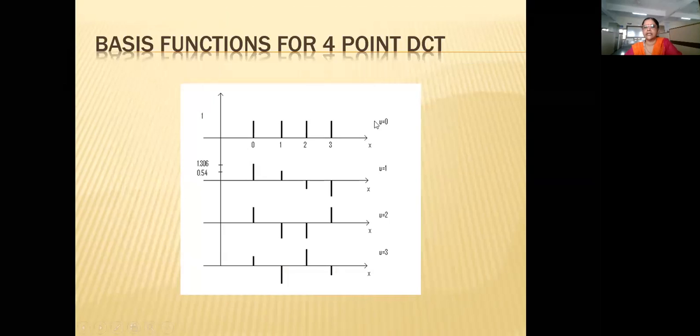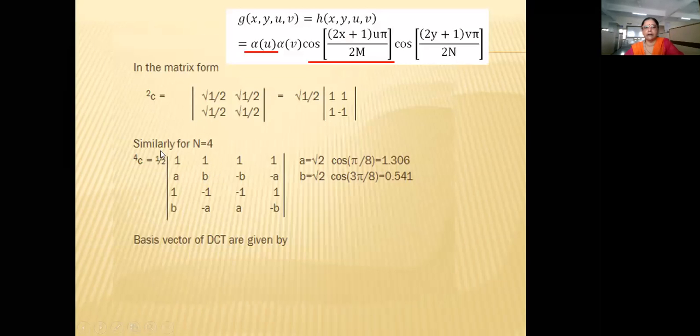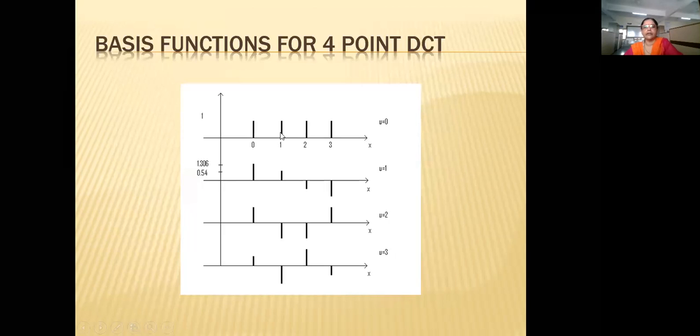For u equal to 0, all these coefficient values are identical to each other and the value is 1. Again, we are not considering the common factor 1 half. We are plotting the basis function using these values. So here all these values are 1.